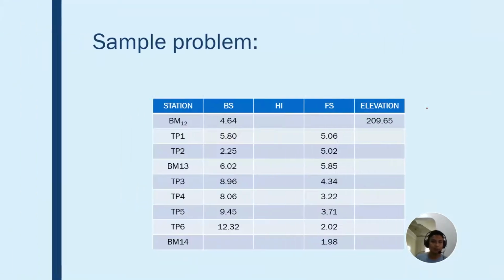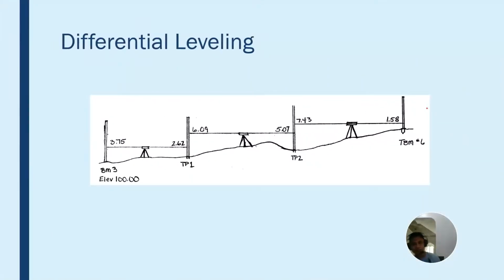Okay, sample. So an example here. We are required to determine the elevation at TP1, TP2, and benchmark number 6. So we have backside and foresight values of 3.75, 2.62, 6.09, 5.07, 7.43, and 1.58.